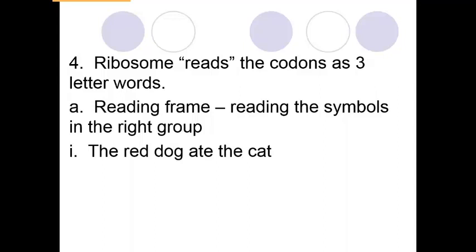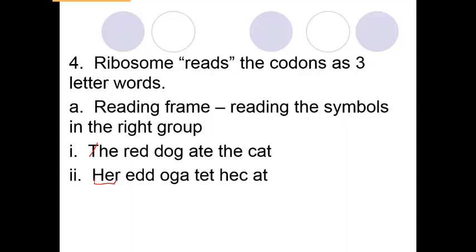Now if we change the reading frame, in other words we put the symbols into a different grouping, what I did is I took off this T here at the beginning, but I still grouped them in 3s. Her, okay, that makes sense, we know that word. Her ed oga tekek at. That does not mean anything to me. If it means something to you, that's kind of cool, but it definitely doesn't have the same meaning as the red dog ate the cat.